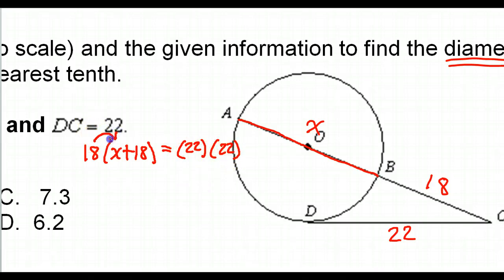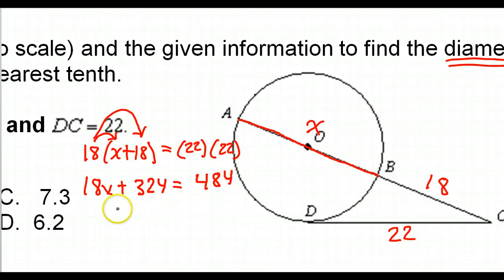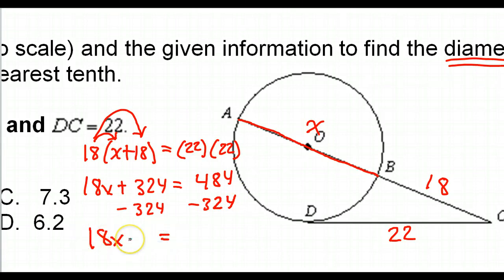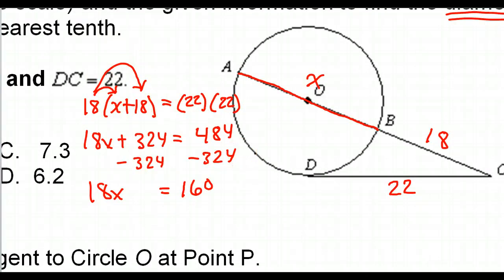This deserves some distributive property, so this will give me 18x plus 324 is equal to 484. So let's subtract 324 from both sides. Okay, so that's going to give me 18x is equal to 160. Alright, so we just divide both sides by 18.